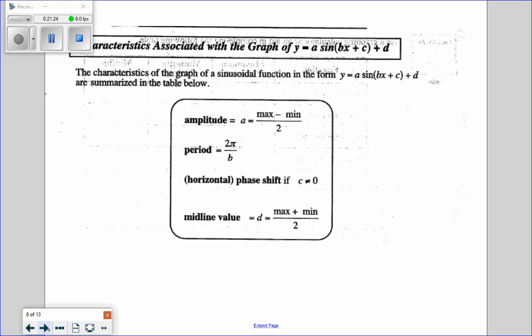Okay, so here's our basic formulas. Again, if you want to have the formulas memorized, go for it. I personally don't like it. For the amplitude, I like to just think of it as half the total height.